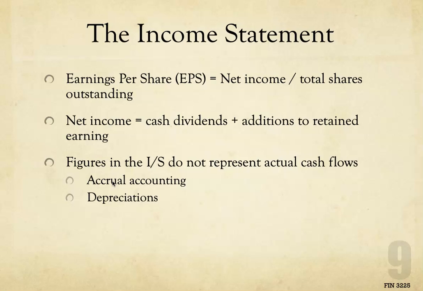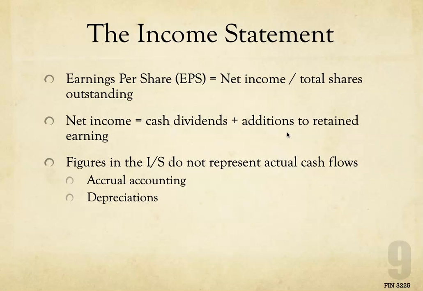At the end of the income statement, we have the net income. Net income goes to two places. Companies can either pay it out as cash dividends to its shareholders or keep the money in the firm for reinvestment. That is what we call the additions to retained earnings.